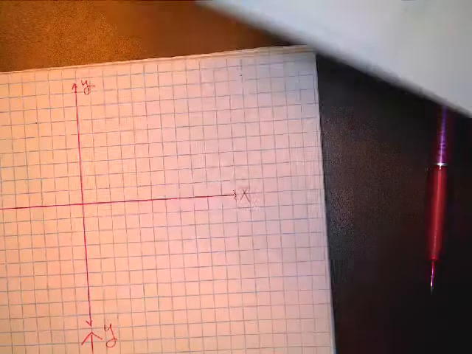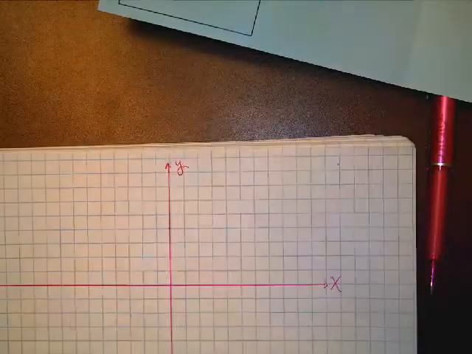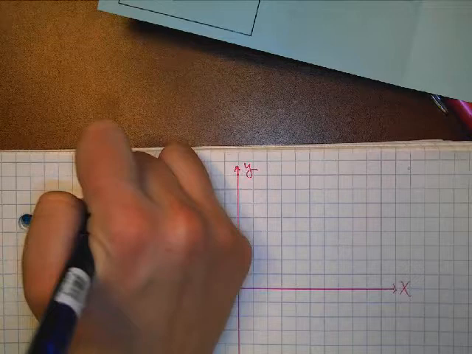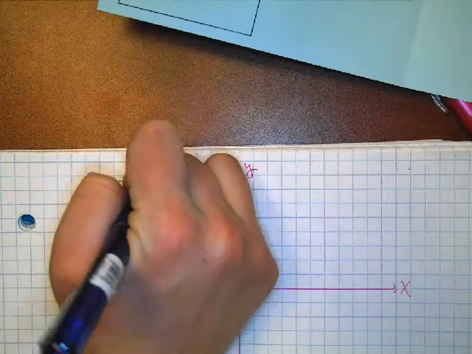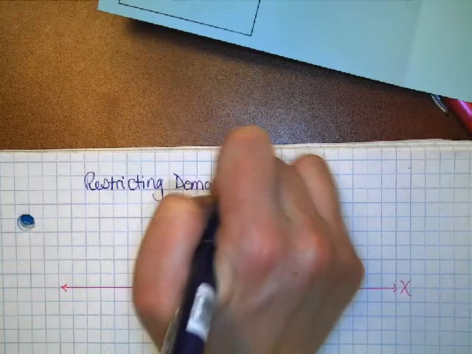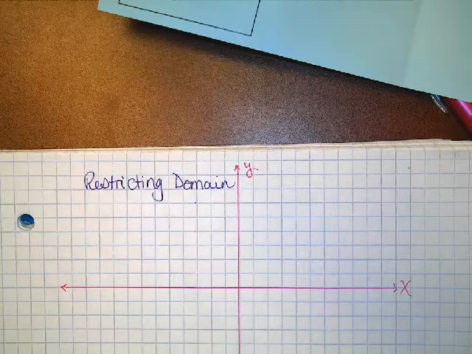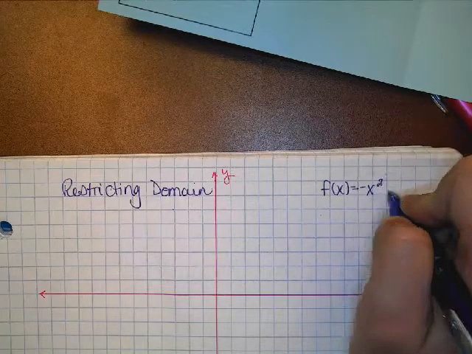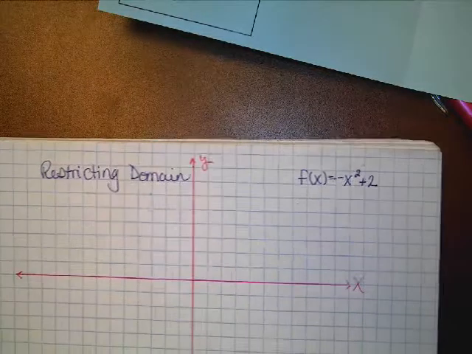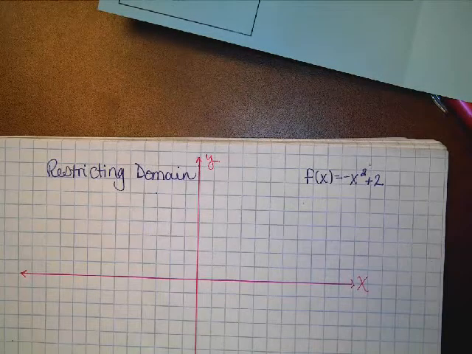So how do we get around this? The way to get around this so that I can find the inverse of every function is to restrict the domain. Restricting the domain so that it does have an inverse.